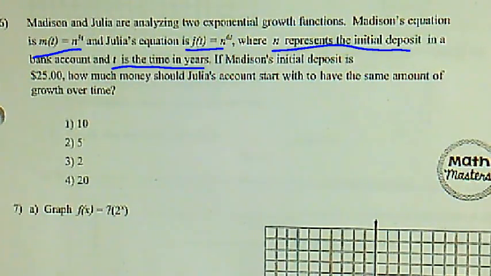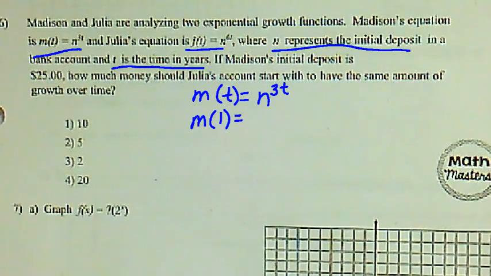So we're going to do the same exact thing, okay? So I'm going to do m of t is equal to n raised to the 3t. Let's make this be 1. Her initial deposit is 25, and then it's going to be raised to the 3 times 1, which is just 3.